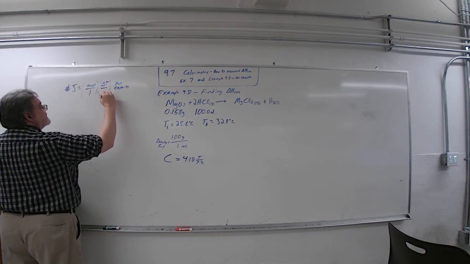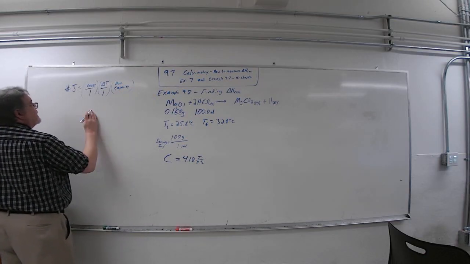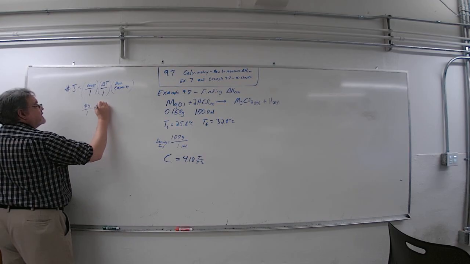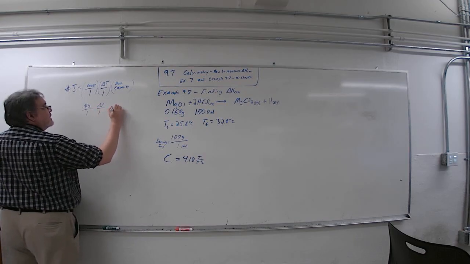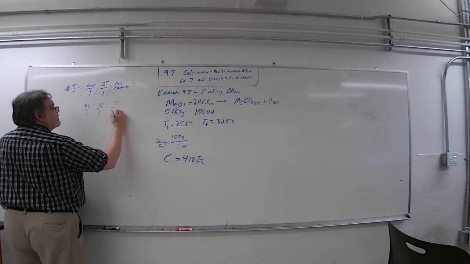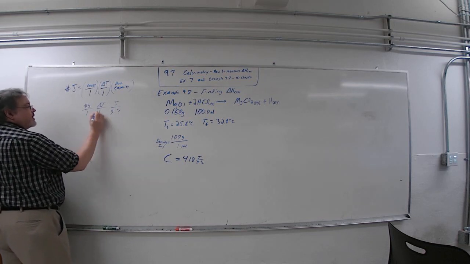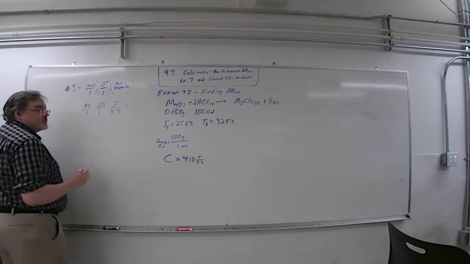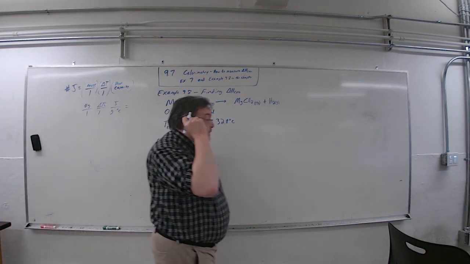Multiply those three things together, it tells you the heat. That is some number of grams, the delta T, and then the joules per gram per degree C. Grams cancel. This is degree C, so that cancels, and that tells you the joules. So we saw something like that before.